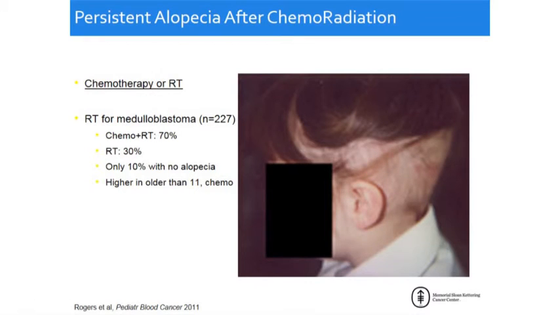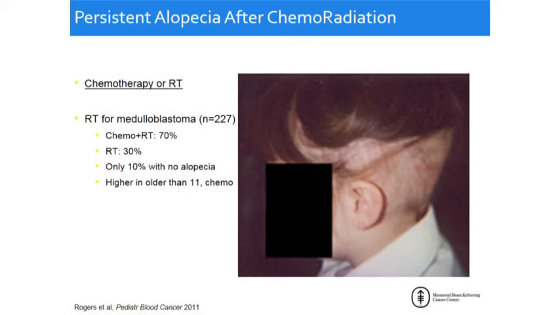Another late-term issue is persistent alopecia, and although there are no effective measures for this, I think the use of topical agents that are already approved, such as minoxidil, have been shown to be anecdotally effective in my experience. The greatest incidence of radiation-induced persistent alopecia is when you combine chemotherapy with radiation.